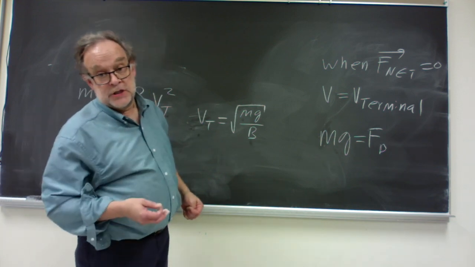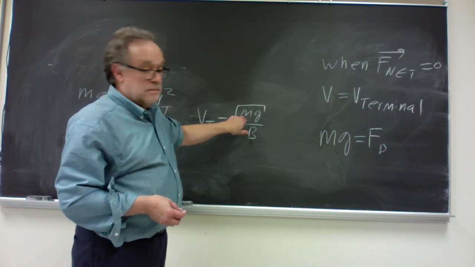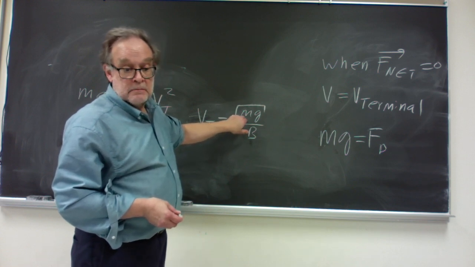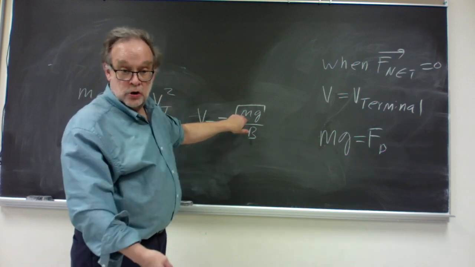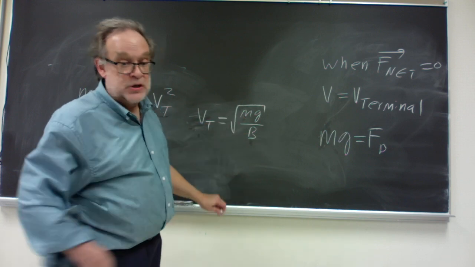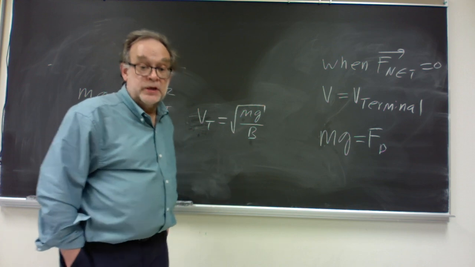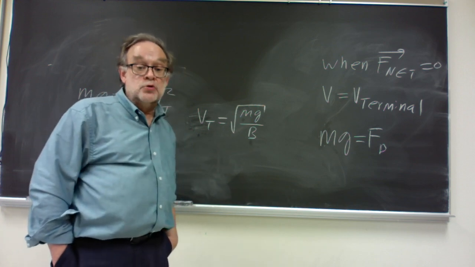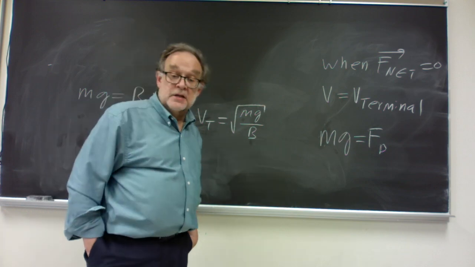So it takes only a short time. Bigger mass means it'll take longer to get to the terminal velocity, because the terminal velocity is so much bigger, and that rock will need more time to accelerate up to the terminal velocity. And we'll have more to say on this in class.